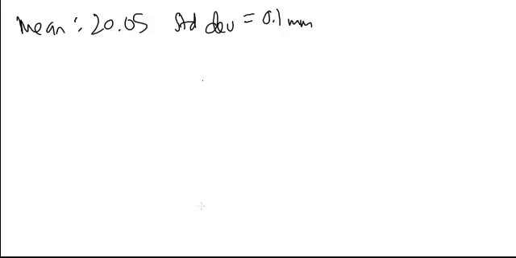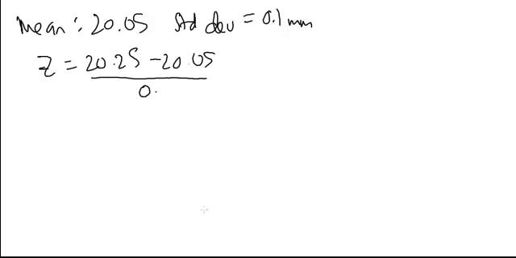So now what happens? Again, we just need to work out Z. If it's more than 20.25 millimeters in size, it's going to be rejected.